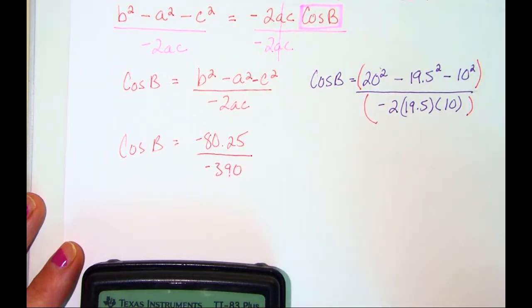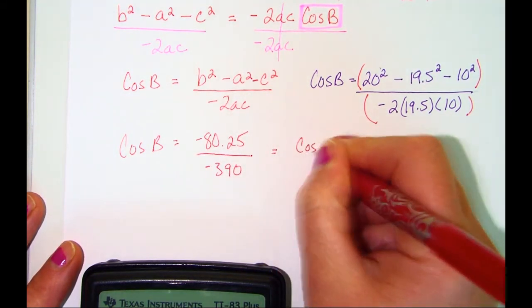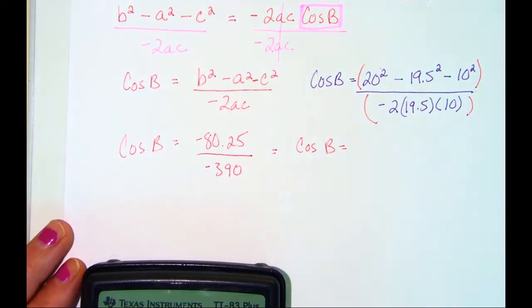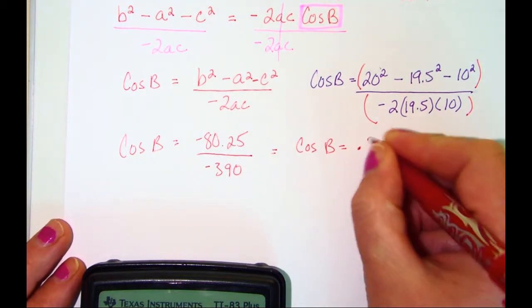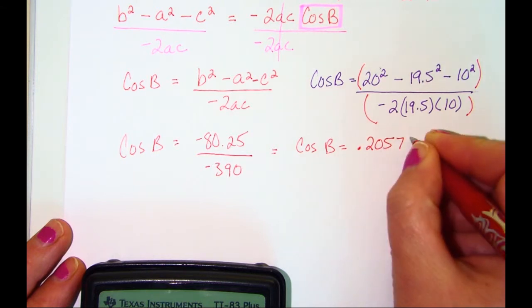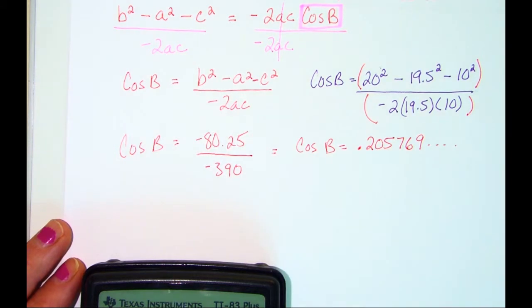And now you just divide those two numbers. And I didn't worry about negative signs because I know my answer is positive. And you get a big long decimal because this is still cosine of b.